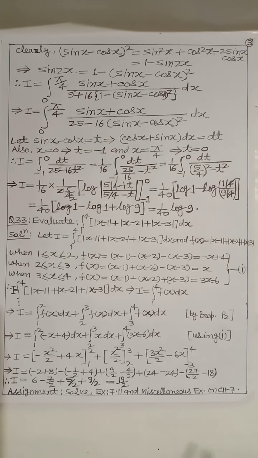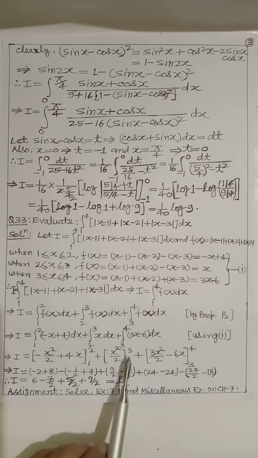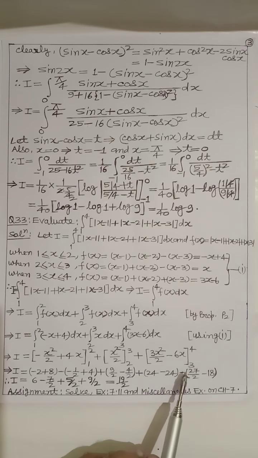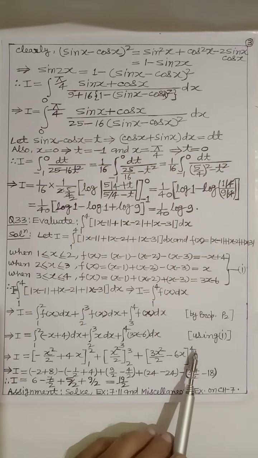Using 1, we integrate this and get I equal to minus x square by 2 plus 4x with limits from 1 to 2, plus x square by 2 with limits from 2 to 3, plus 3x square by 2 minus 6x from 3 to 4.